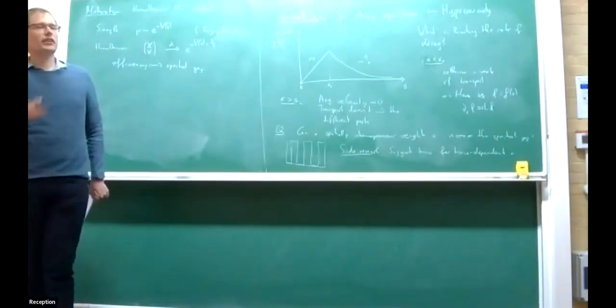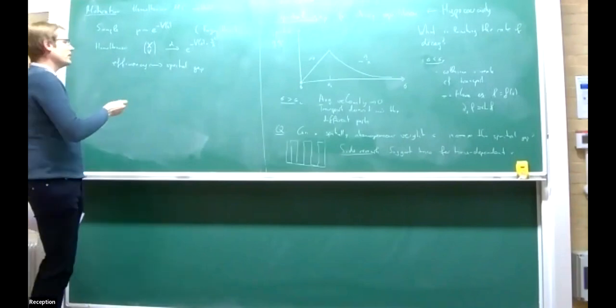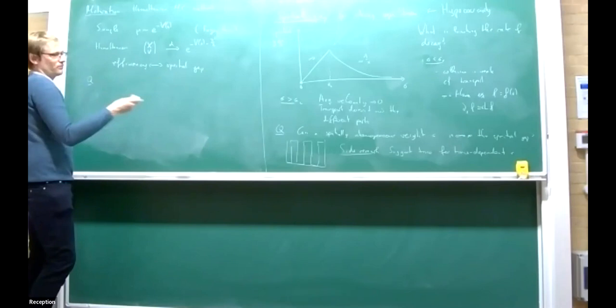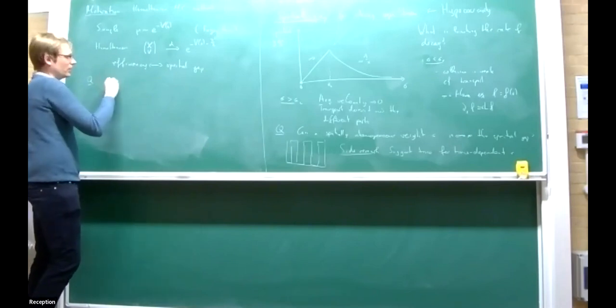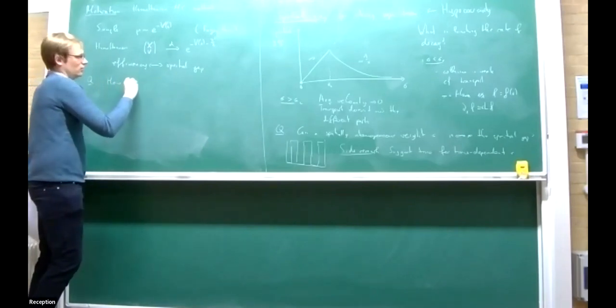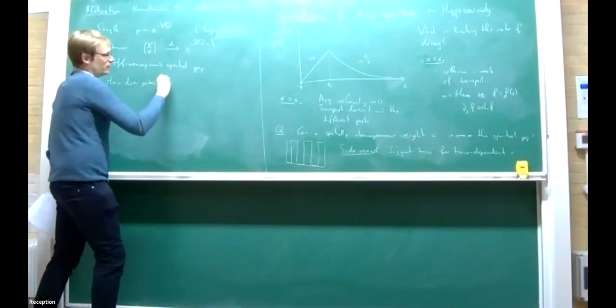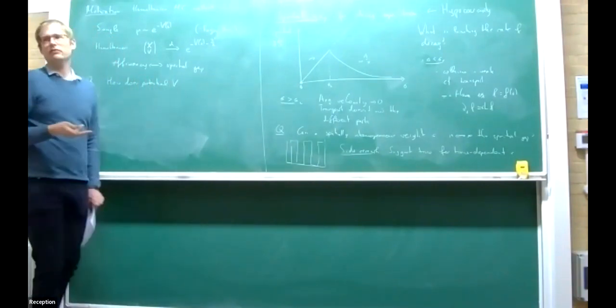And what you see here is also the big question, which I have no answer about: if I have a potential V, how should this influence the sigma?